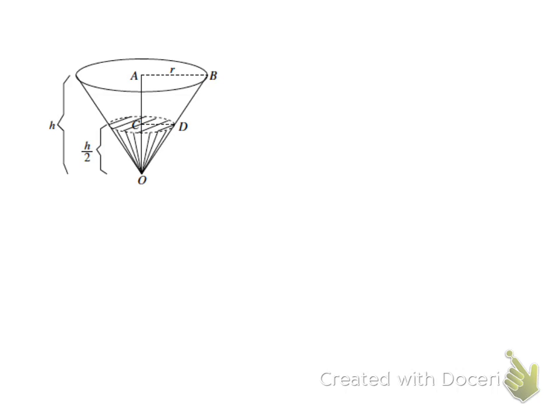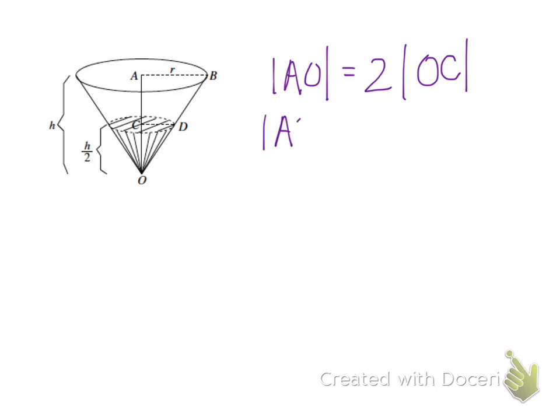So we know that the length of AO is equal to 2 times length OC. Okay, and those are corresponding parts of two similar triangles, right? So we could say that the length of AO over the length OC is equal to 2.